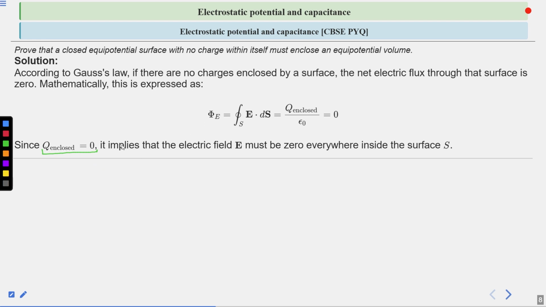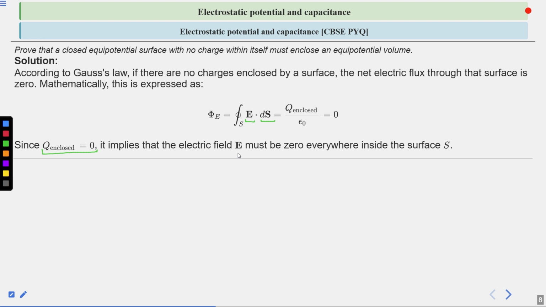And if this flux is 0, it means the closed integral over the surface of E dot dS is also equal to 0. The area element cannot be 0; we have selected some area. This means the electric field is 0 inside that surface.